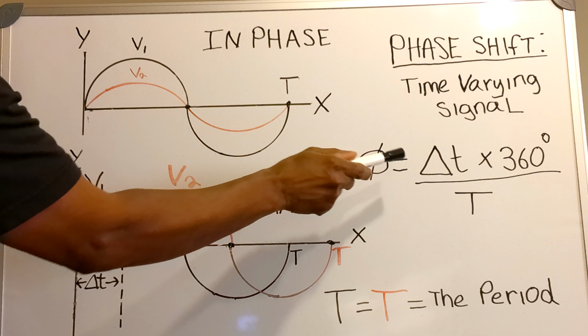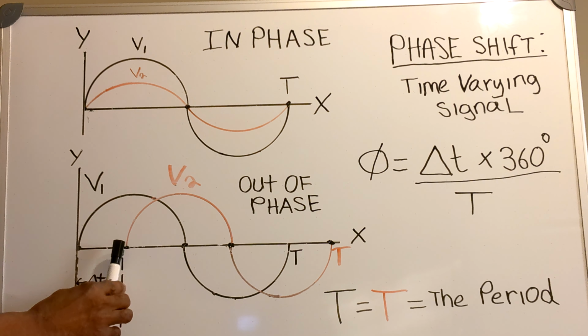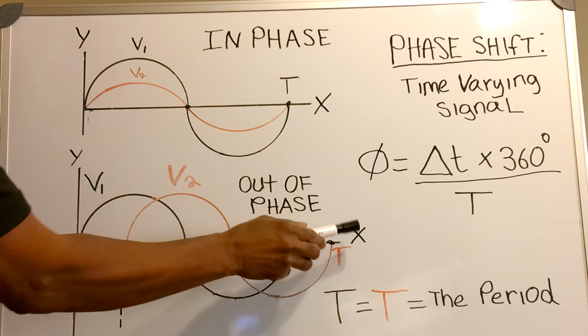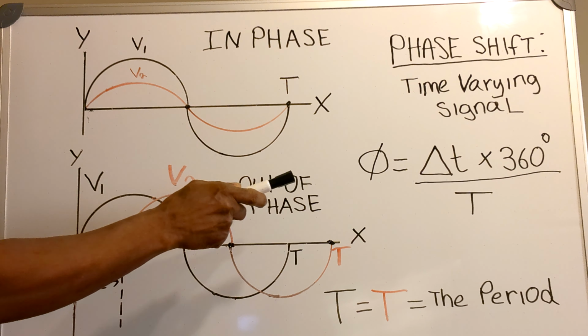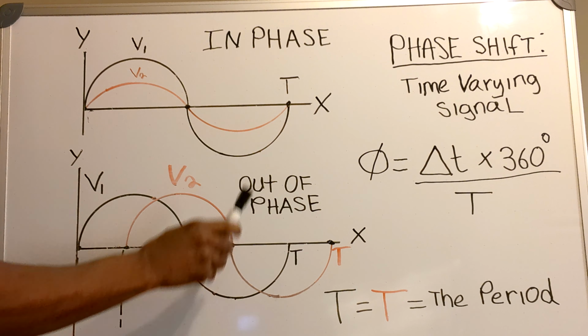Now what's delta t? Delta t is the time delay between the two waveforms along the x-axis.